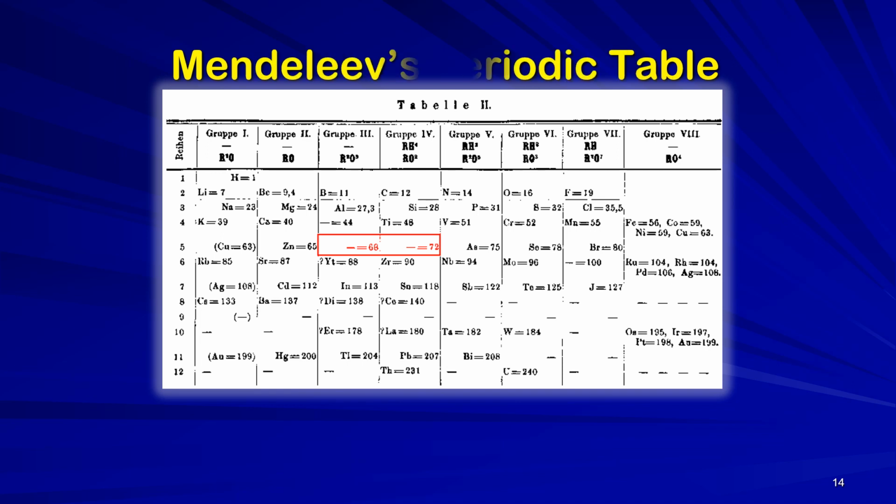Here we have Mendeleev's periodic table, and you can see the red color here. There is the atomic mass or the mass number, but there is no element. These were empty spaces, where he didn't find elements to fit.